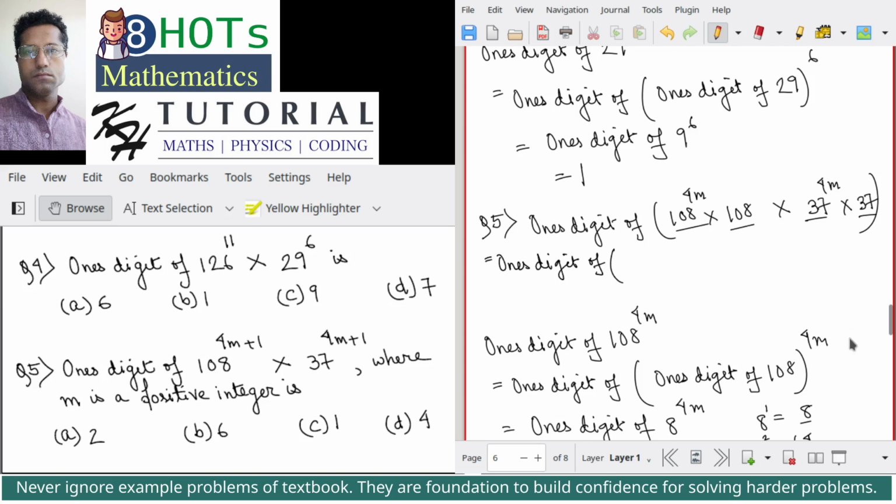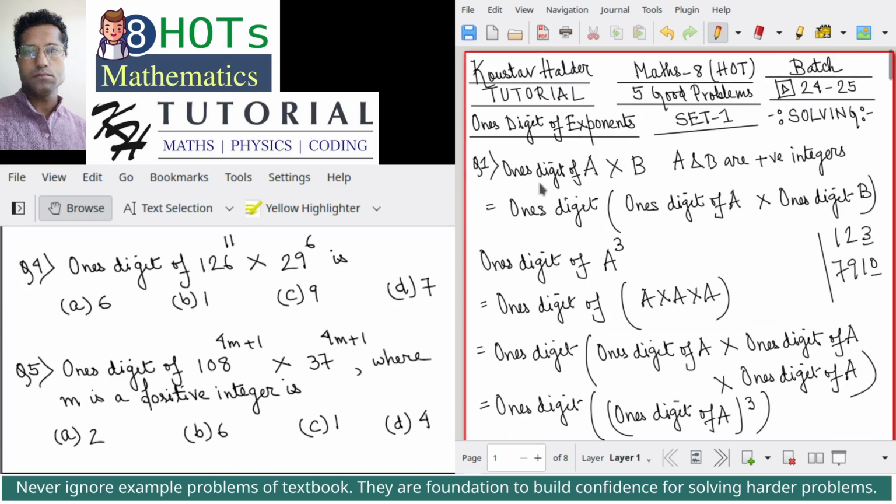Now, as I said, for the product of two numbers, the ones digit of a multiplied by b is equal to the ones digit of the product of the ones digits of a and b. Whatever the number is, the ones digit of that number is the result. That is, the ones digit of the product of a and b is equal to the ones digit of the number that is the ones digit of a multiplied by the ones digit of b.